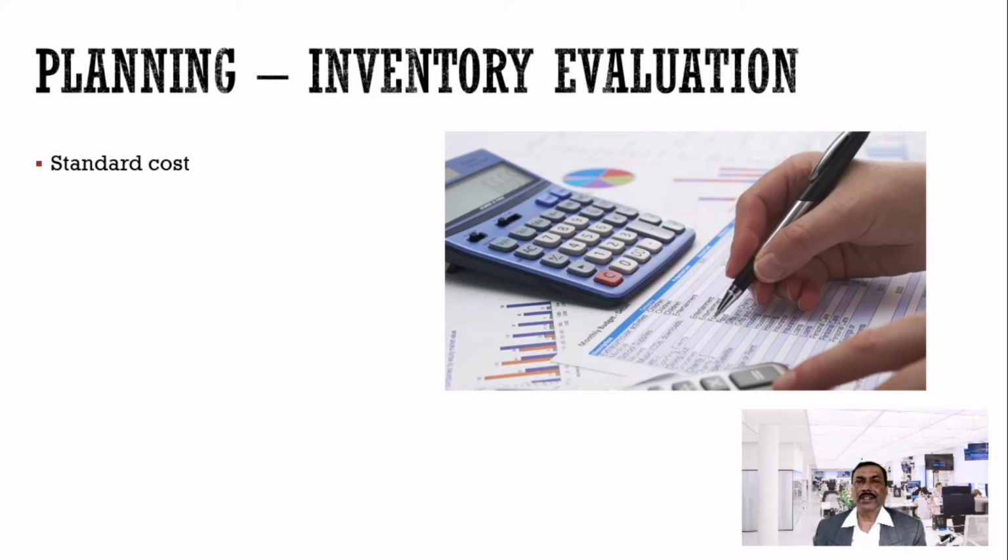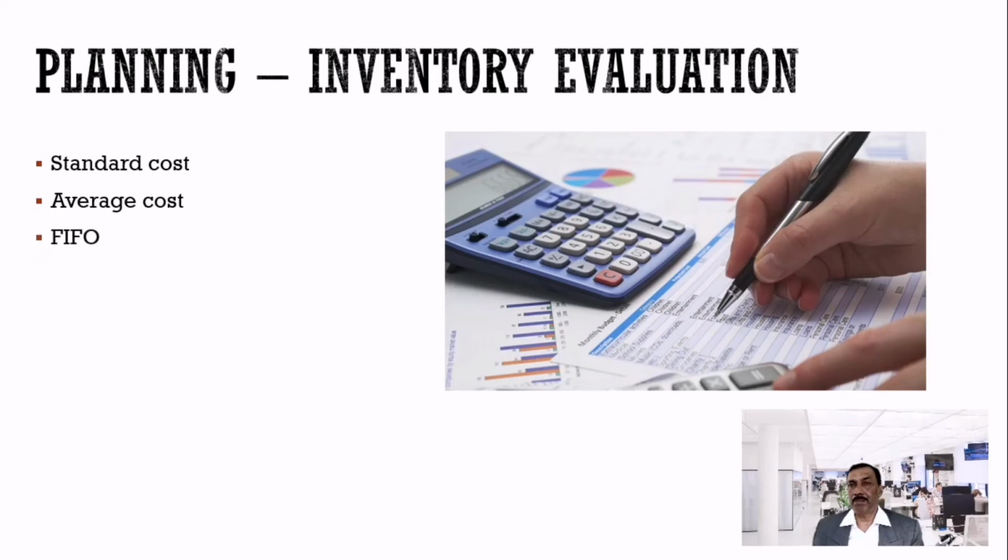So I keep that value, and auditors also accept this. You can follow the standard cost process, or the next one is average cost. You have paid 80 rupees, 90 rupees and 100 rupees for different quantities. You can multiply the respective quantity with the price, add and take an average. That's also one more method.